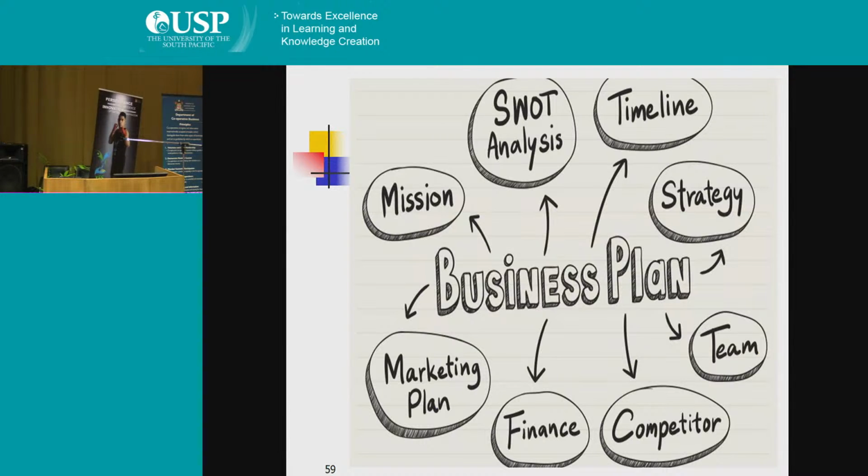There are many forms of business plan on the net, but I'll just share one that is easy and quicker to understand. Those are the components of the business plan. Mission: your mission is strategic.